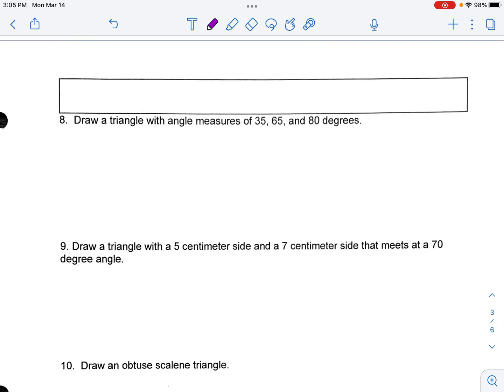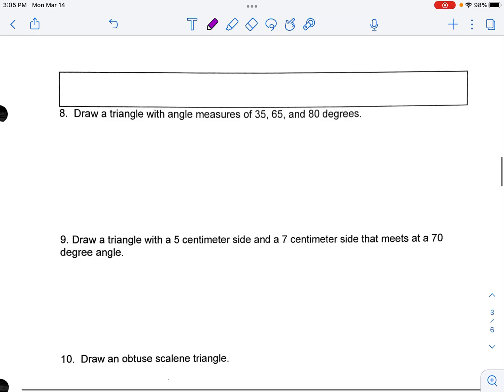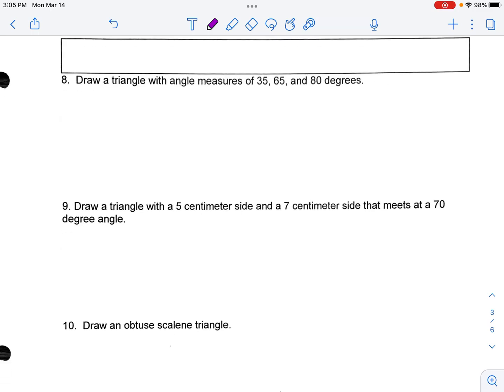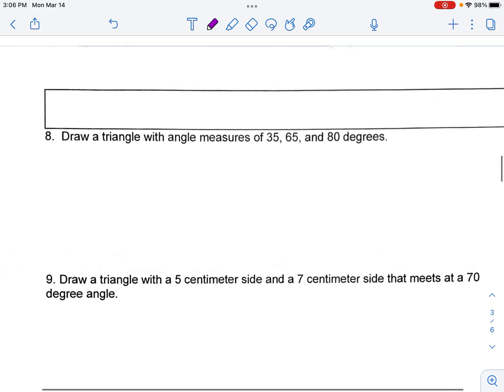Okay, on the back, here's the plan. 8, 9, and 10, this is very difficult to do online and not on a sheet of paper. So I'm going to give you an idea of what yours could have looked like, but I'm going to guesstimate, because again, using a ruler while you're doing notability doesn't really help when you zoom in and out.